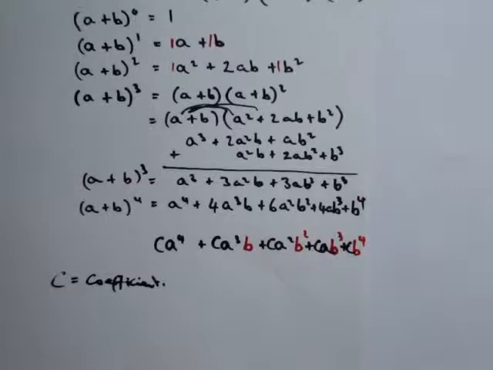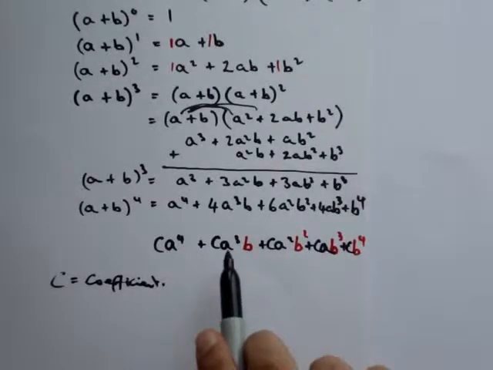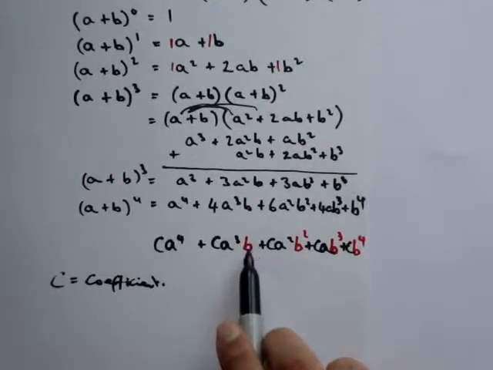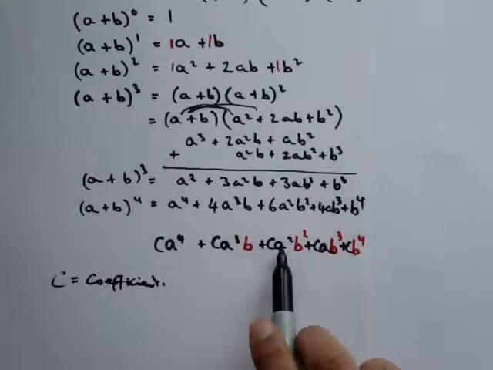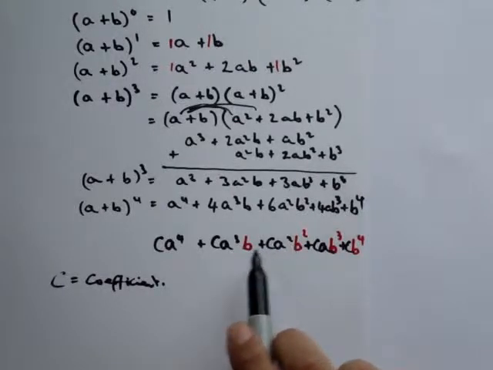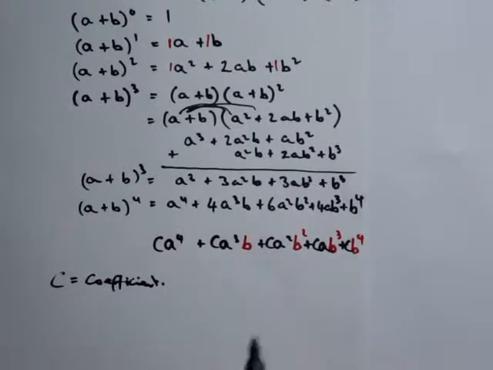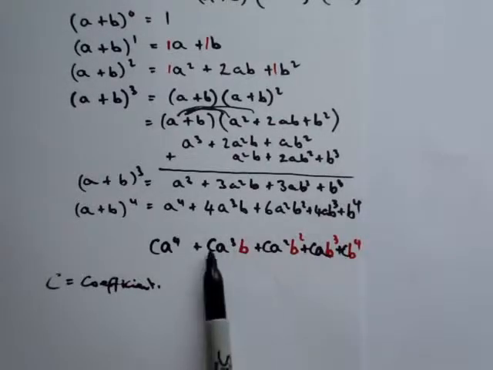So the pattern is a coefficient a to the 4, plus a coefficient a to the 4 minus 1 b to the 1, plus a coefficient a to the power 3 minus 1 b squared. In each step a is going down in power, and b is going up.